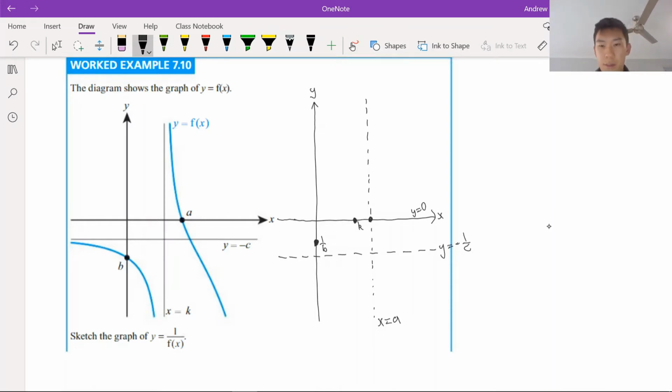Okay, so now let's figure out how to draw this thing. Alright, so if it has to pass through the x and y intercepts and approach the asymptotes, then it's going to look like this.